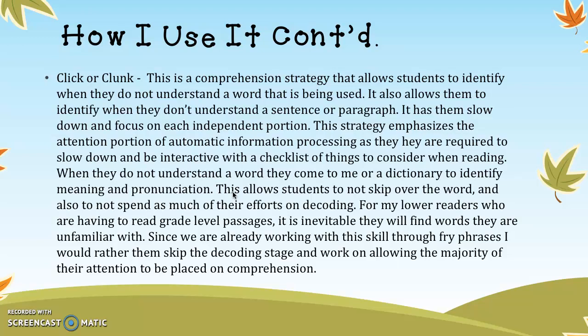So for that reason, they have a section where they're allowed to, when they identify a word they don't know, they can either come ask me or they can look it up in a dictionary to figure out how to pronounce it and what the word means. And I think by taking away some of the stress from the decoding, I'm able to see, can they comprehend the whole text and what it's saying aside from just that word.